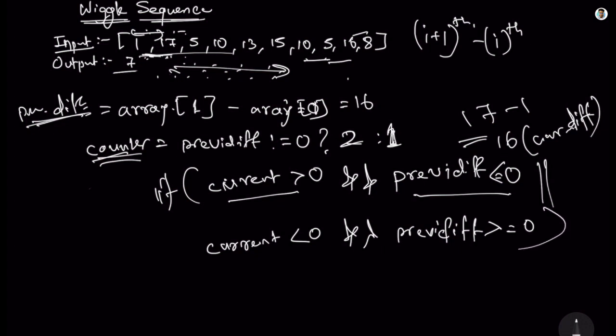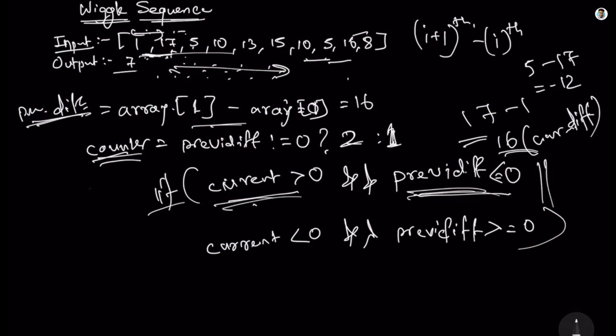Now over here we are basically checking the previous difference and the current difference. For our scenario, the previous difference was positive: we got 16 for the first iteration, 16 and 16 both are positive, so we will not get into this if statement. But when we subtract 5 minus 17 as our second iteration, it gives us minus 12, which is a negative value.